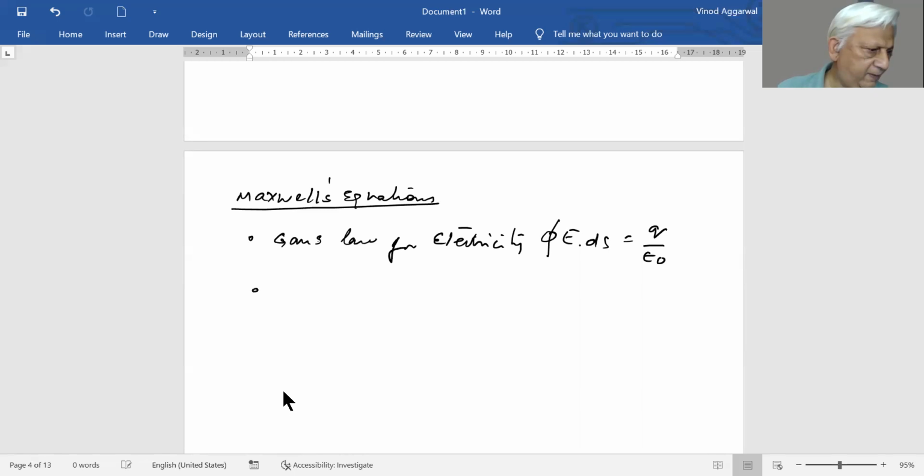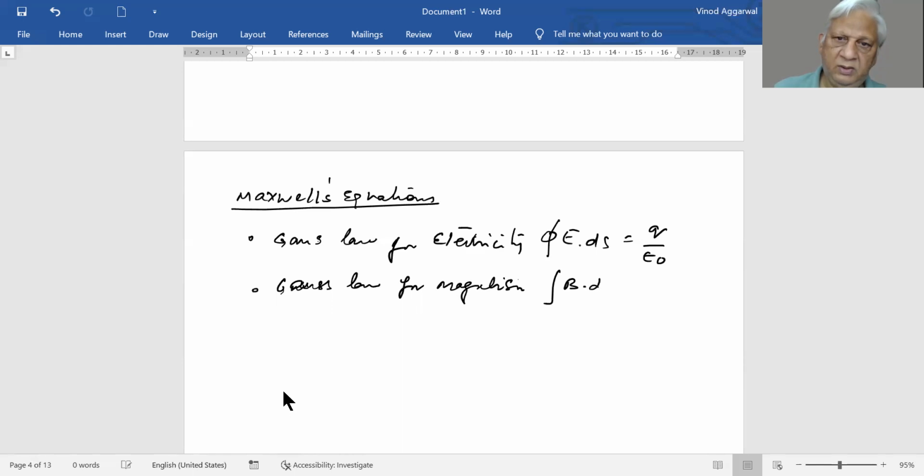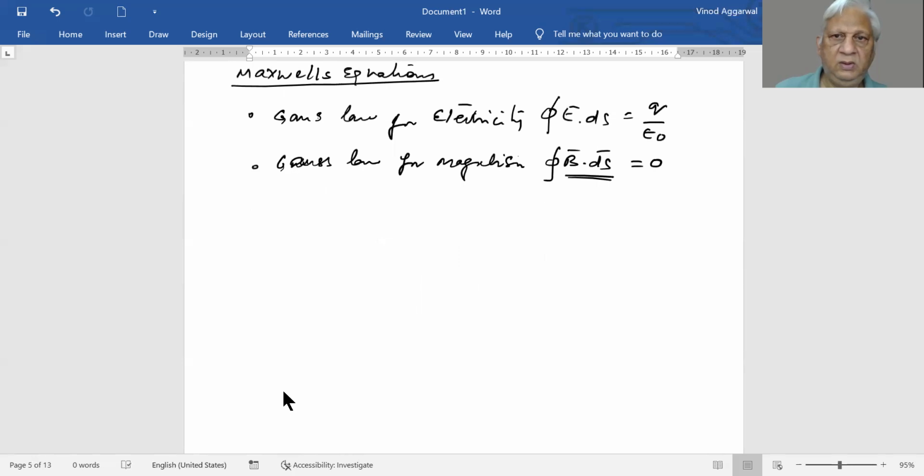Second is Gauss law for magnetism, which is B dot ds. There is no such thing as a magnetic monopole, so this is 0. The dot product of magnetic field over a closed surface is 0.